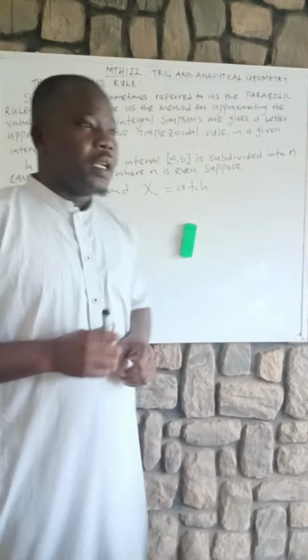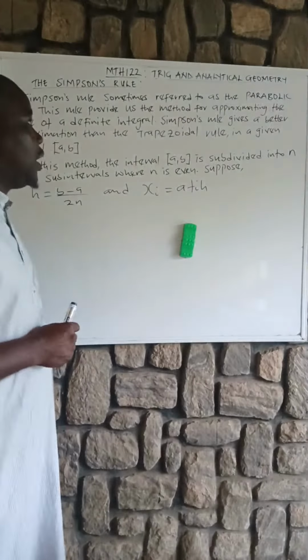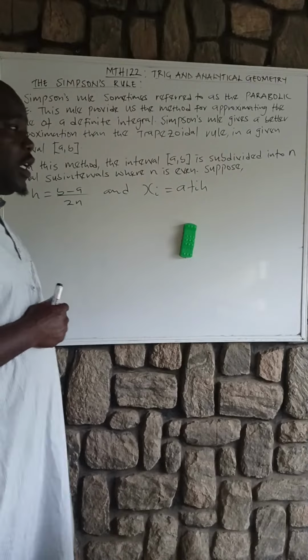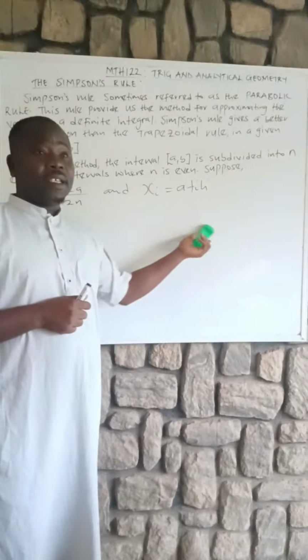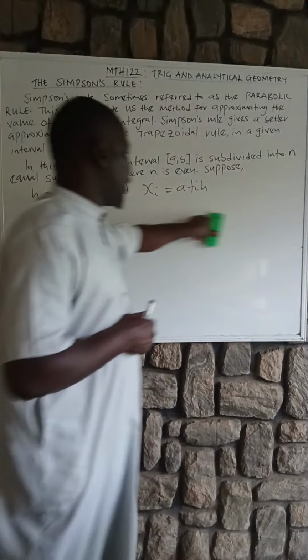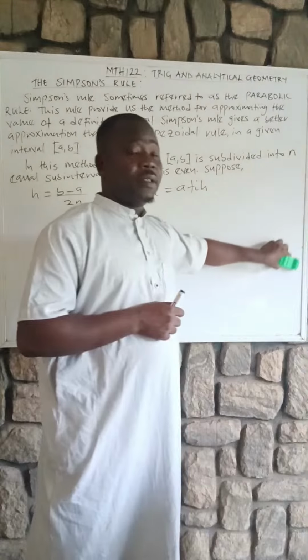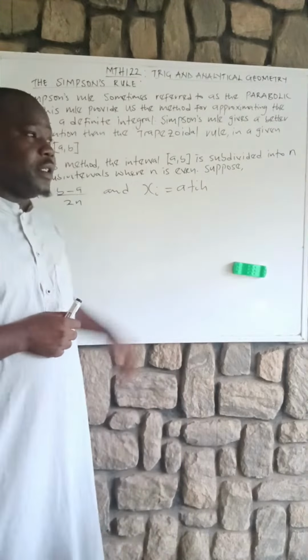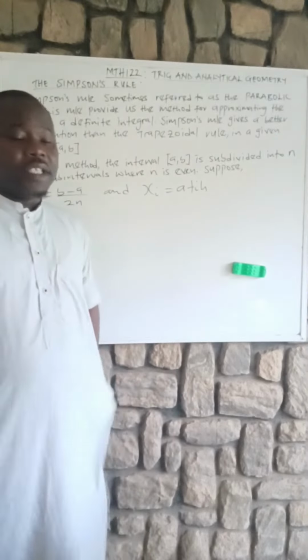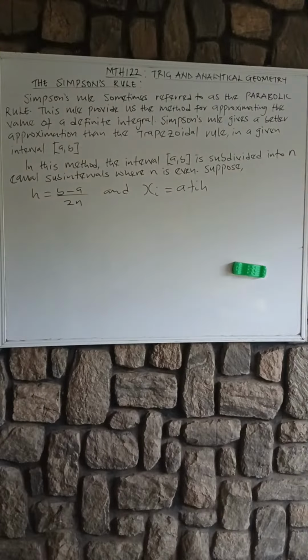As far as mathematics is concerned, there are some definite integrals that need a quick approximation, and that is where Simpson's rule will be applicable. Is that clear? When you look at the board very well, you can see with me.